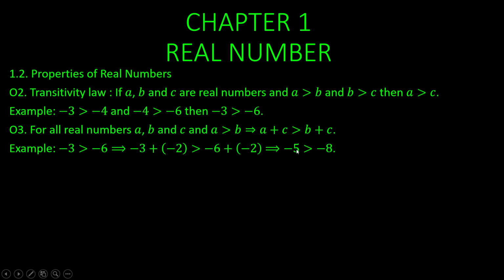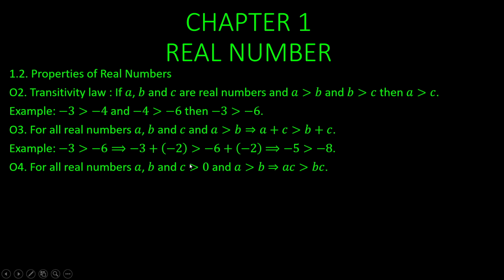For example, an inequality is given, minus 3 is more than minus 6. If we add minus 2 to both sides of it, then we will find minus 5 and minus 8. And it is clear that minus 5 is greater than minus 8. That means the sign of the inequality won't be changed.